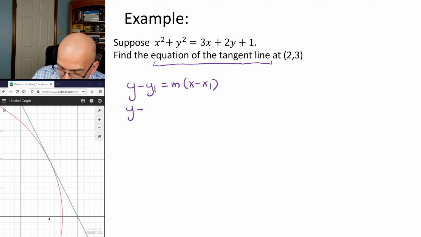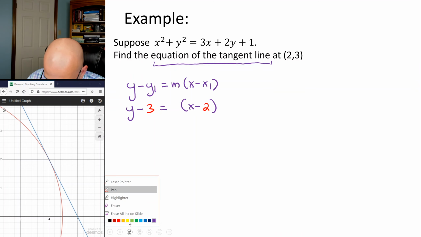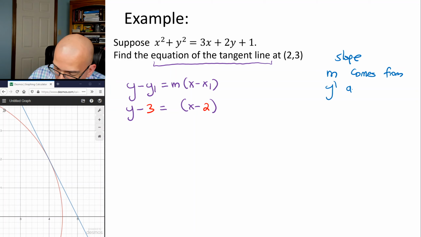We have y minus 3 equals m times x minus 2. We need to find m. We need to find the slope. Slope m comes from y prime at 2, 3.